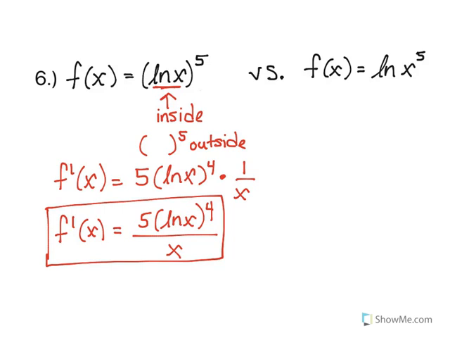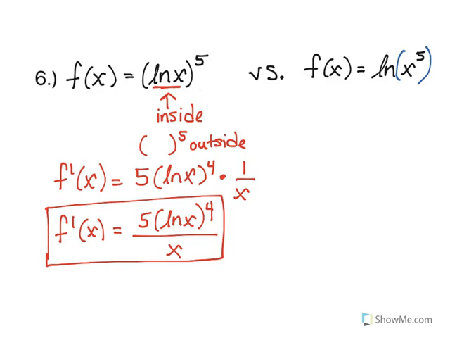But on this second problem, we can rewrite this because when we have just f of x equals natural log of x to the 5th, we can insert our own parentheses right here, and it's the same thing. So this could be done in one of 2 ways.